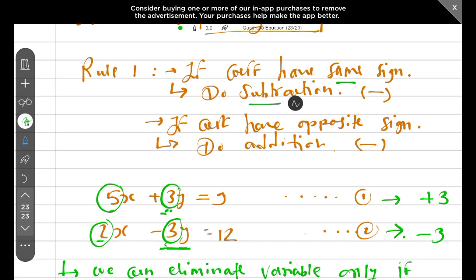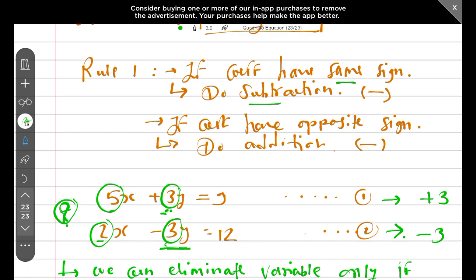Rule number 1 tells us which operation we have to perform on the given equations. If it has the same sign, we can do subtractions, but if it has opposite signs, we have to do addition of the equations.